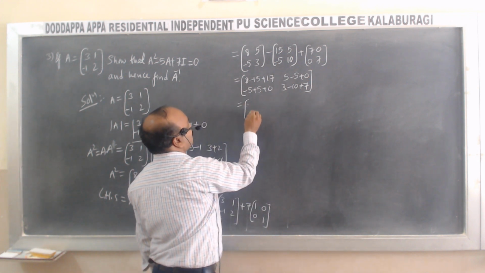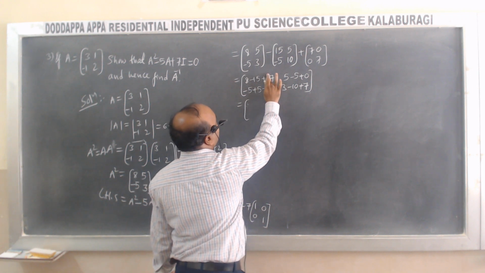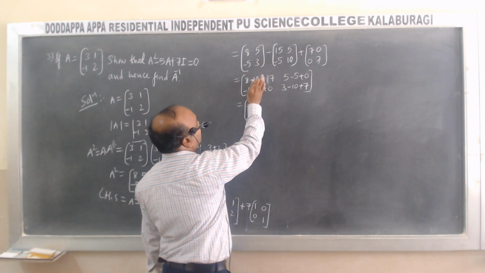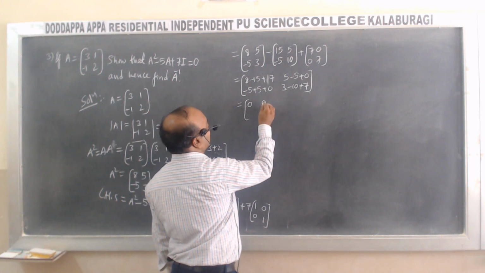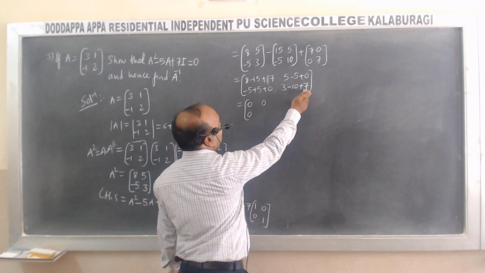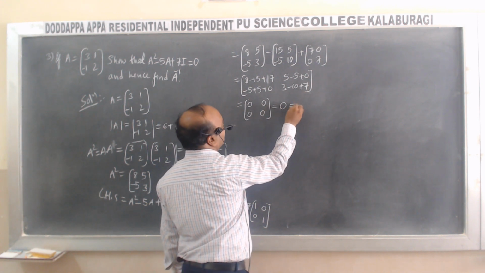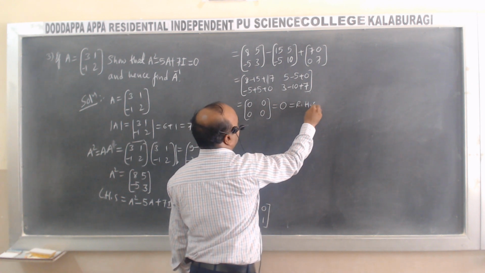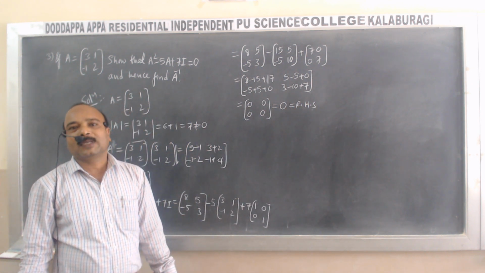So we get it is 8 plus 7, it is 15. 15 minus 15 is 0. Here 5 minus 5 is 0. Here minus 5 plus 5 is 0. It is 3 plus 7 is 10. 10 minus 10 is 0. It is equal to O. It is nothing but RHS. O is 0 or null matrix. It is first part of the result.